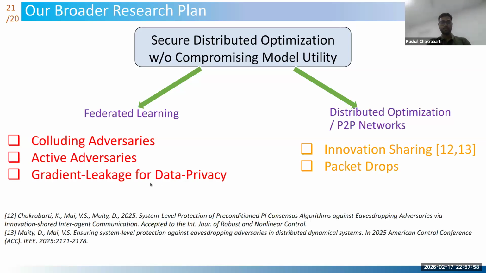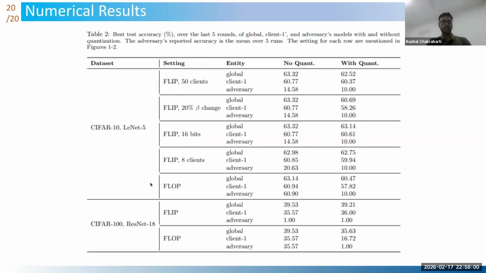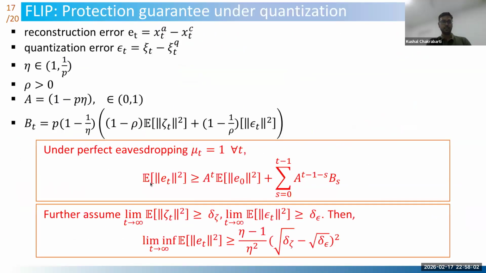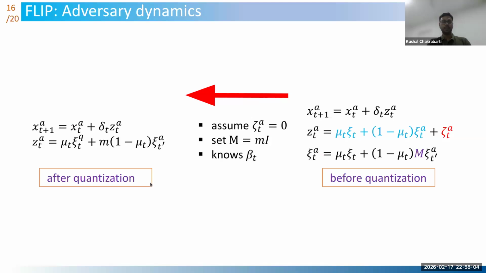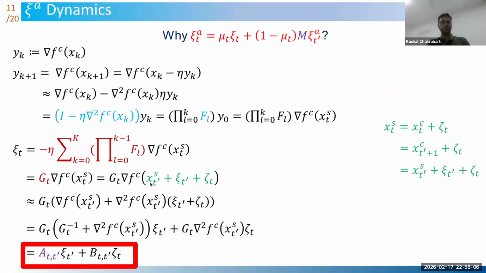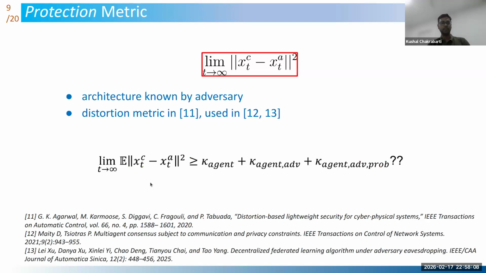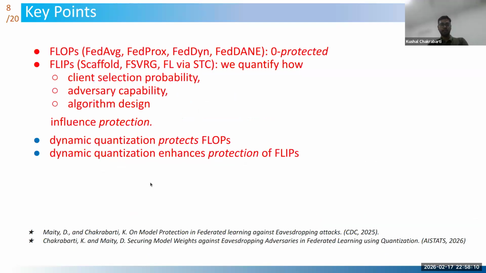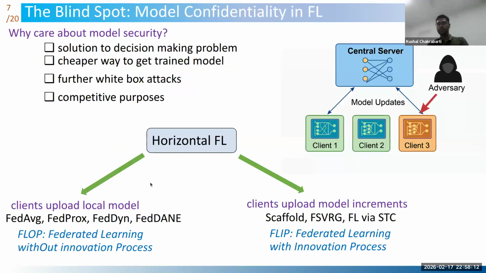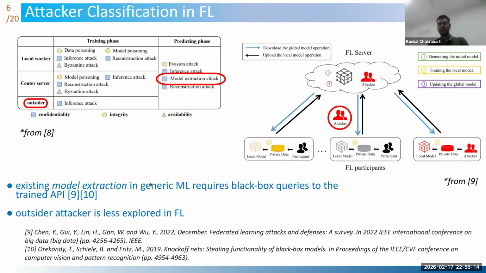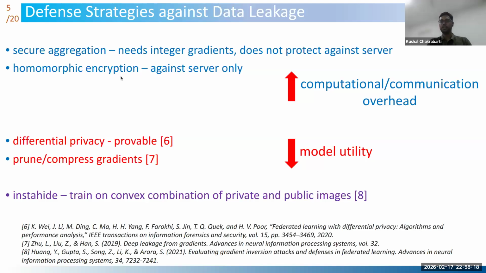When I presented the existing well-known defense mechanisms, we talked about these 4 or 5 things, and we want the defense mechanism to be not computationally or communication heavy. We want a simple thing. And differential privacy also reduces the utility of the model.